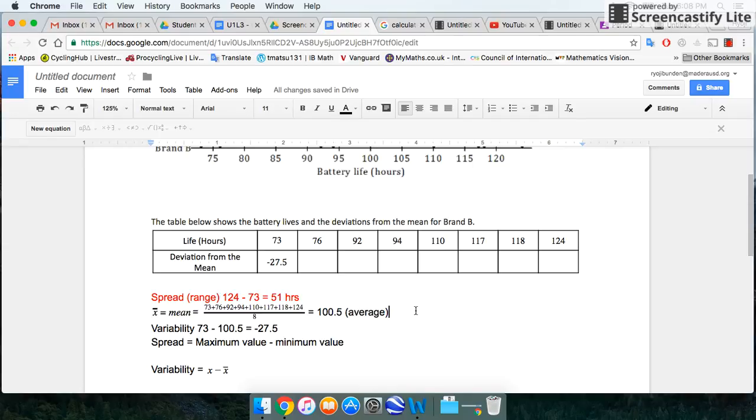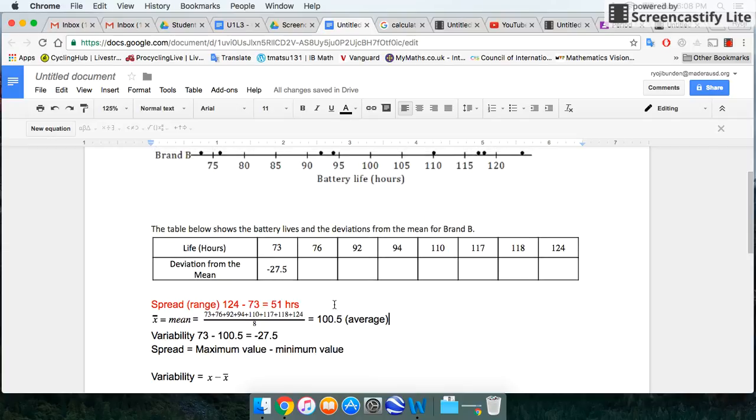That's the average. That's the middle. So what we're doing right now is measuring the individual difference of each of these 8 batteries in this sample compared to the average. The first one lasted 73 hours. That's 27.5 hours less than the average. All right, that's what the variability means.